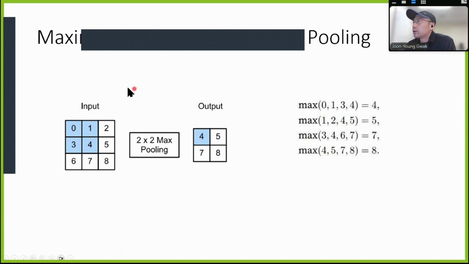There's the maximum pooling and the average pooling. Here it's again going through each submatrix. If you're applying 2 by 2 max pooling, for each 2 by 2 submatrix of the input matrix, we extract the max, and that will be the new value in the output matrix. Similarly for average pooling, we compute the average.